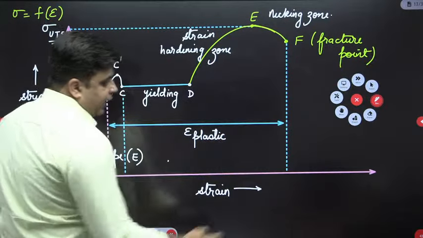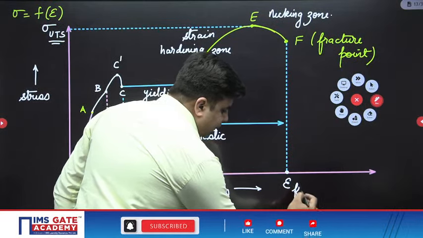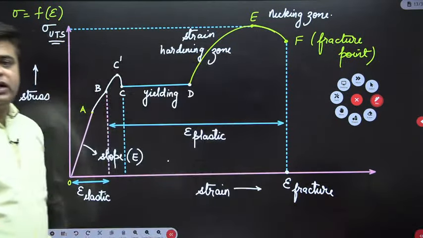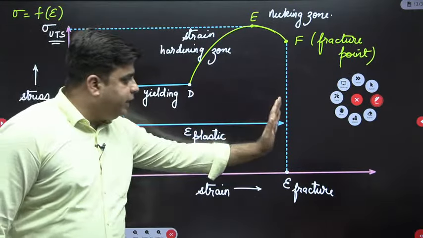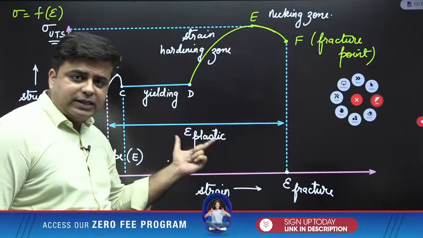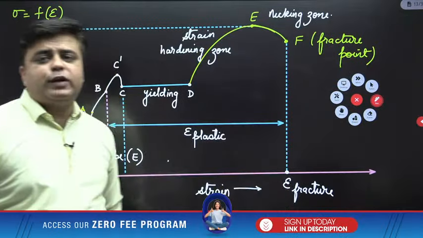And the total amount of strain till the fracture point is called fracture strain. You need to understand this difference: from point B till point F, whatever value of strain comes is called plastic strain, and the total strain till the fracture point is called fracture strain.